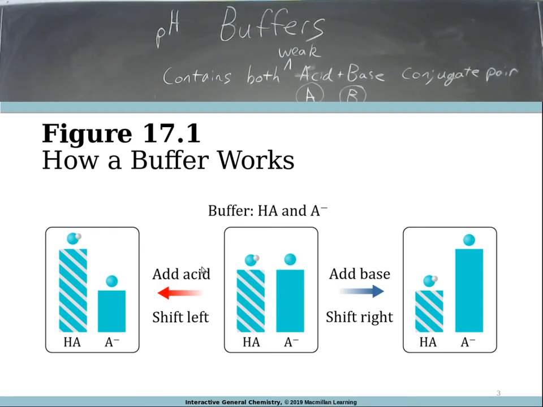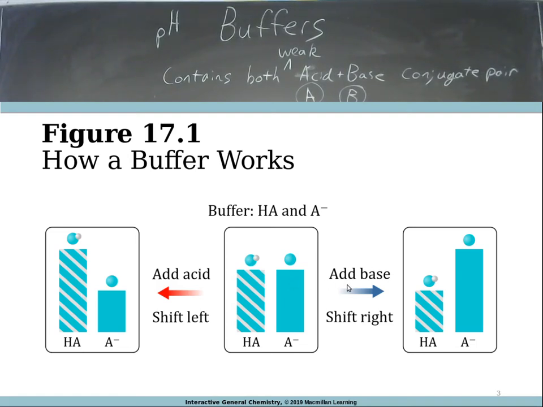If I add some acid, that will react with the base, and so the amount of base will go down. And it will produce some acid, so the amount of acid will go up. But the pH of this solution, where the conjugate acid-base pairs are equal, versus this solution, where the conjugate acid-base pair amounts are just slightly askew, those pHs we'll find are very similar to each other.